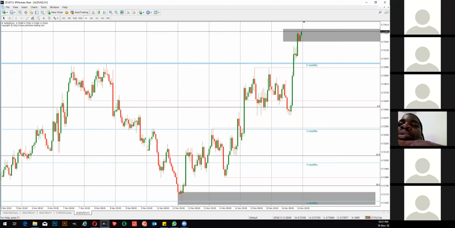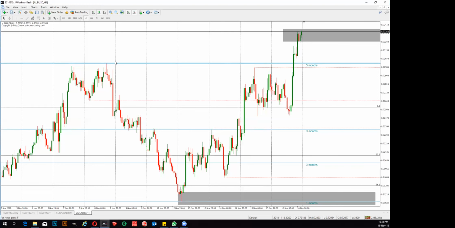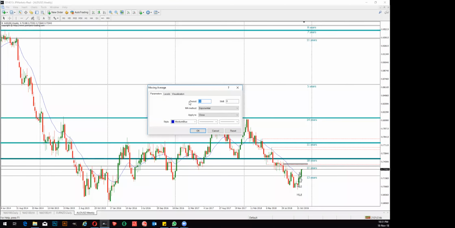Let me see if I can quickly show you here. I go to my weekly, then I'm gonna insert trend, moving average, exponential. I'm gonna put 18, which is blue. This is just to help you determine direction of the market.